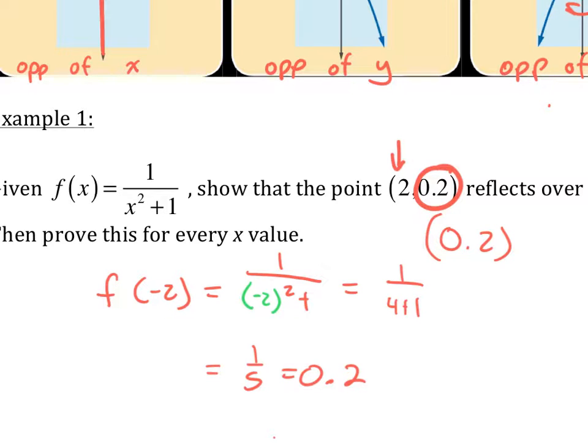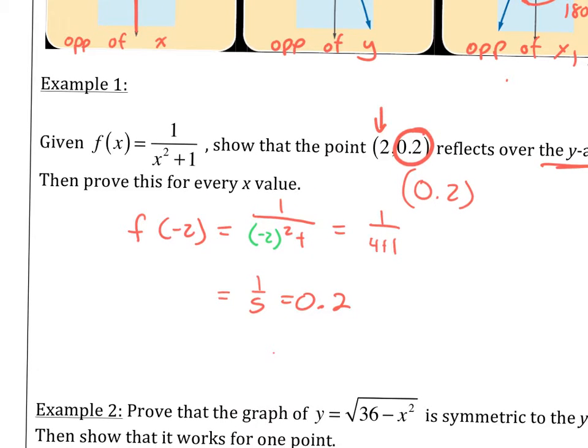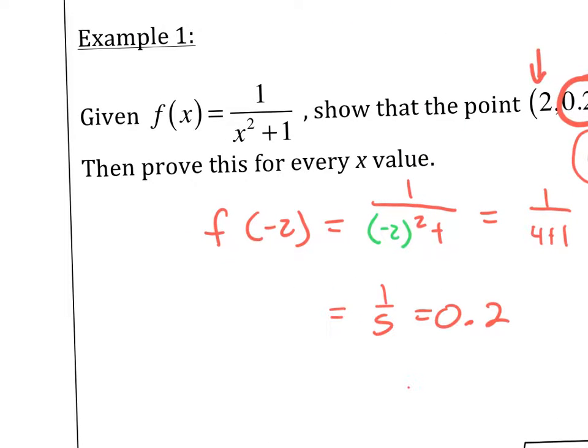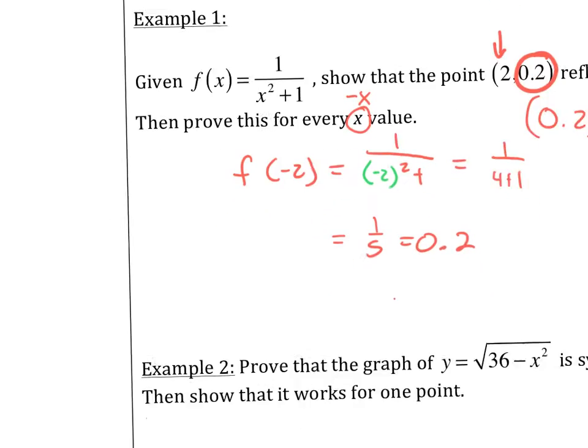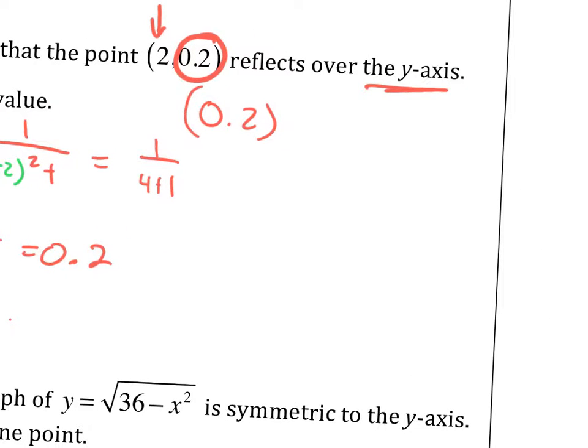So that works for one point, but does it work for every point? How do we test it for every point? Well, if x is in, what's the other one that's also in? Negative x. So let's now substitute in negative x. When we substitute in, all you do is put the negative x in its stead.